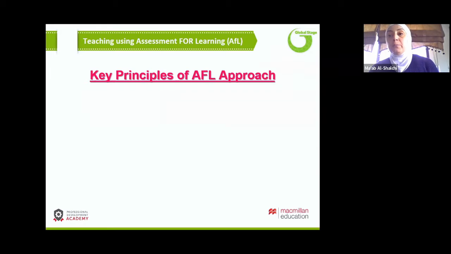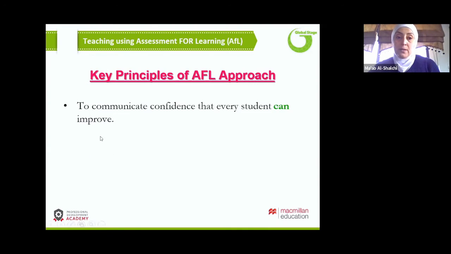You need them to believe in their abilities, and you need also to believe that they can learn. Because we all know that everyone has the ability to learn, and you focus on supporting all students to achieve.